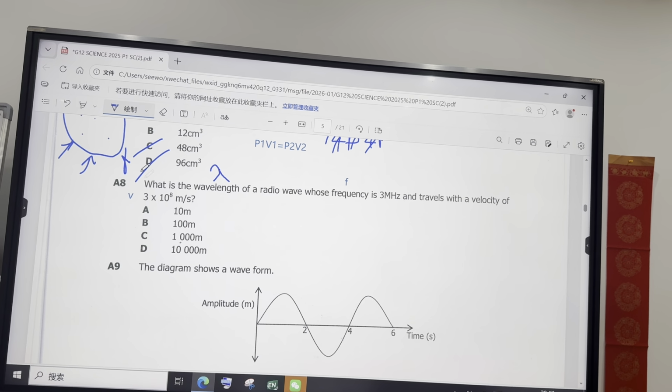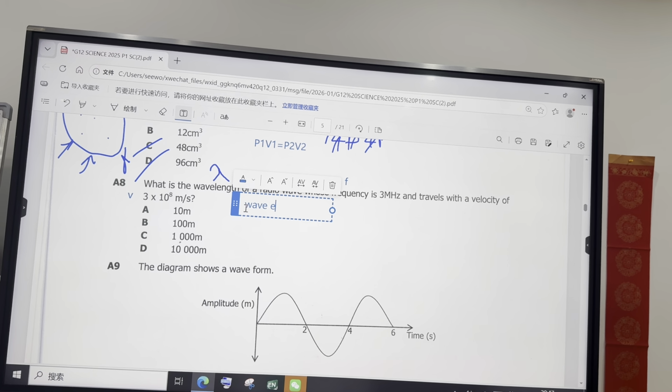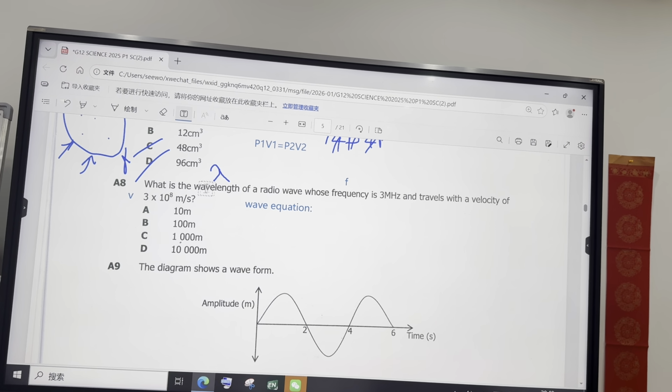Okay. So I want to introduce you to something called the wave equation. So we're going to use the wave equation. Now, what is this wave equation? So this is how the wave equation looks. The wave equation is an equation that tries to relate the speed of the wave with the wavelength and the frequency.